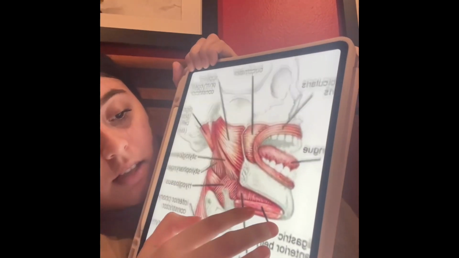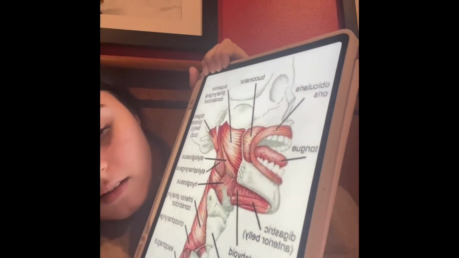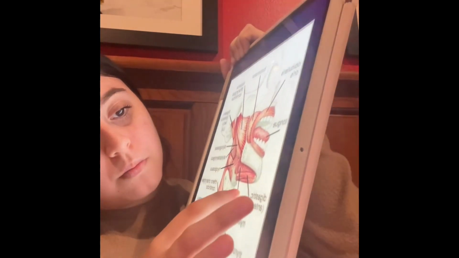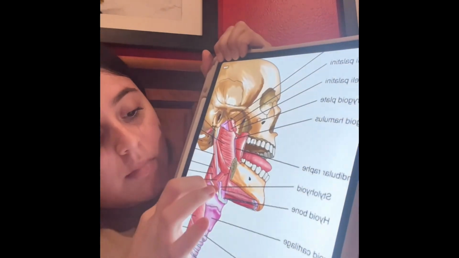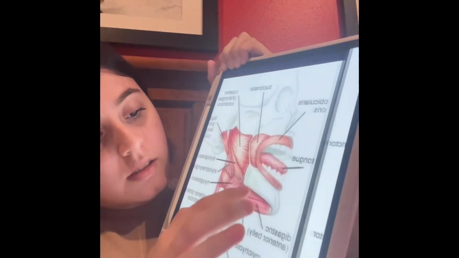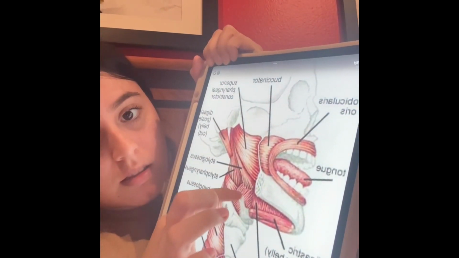And then the geniohyoid is somewhere along this area, it's just not labeled. And then the stylohyoid is right here, back here. So in this picture, it would be right here, this area.